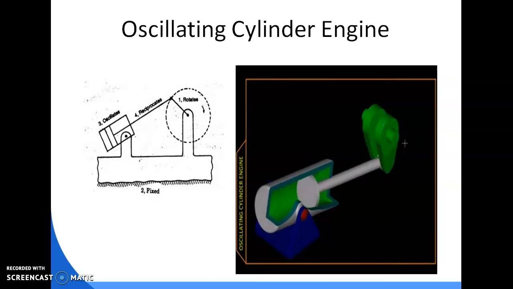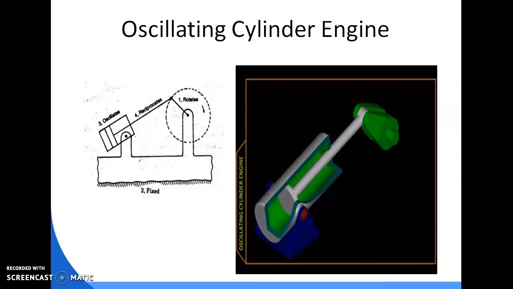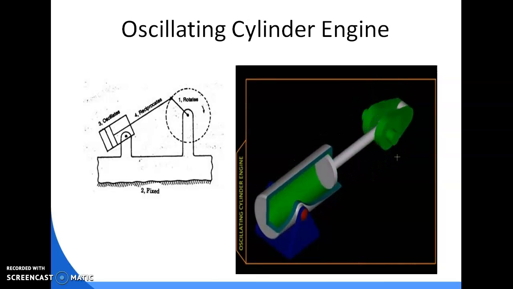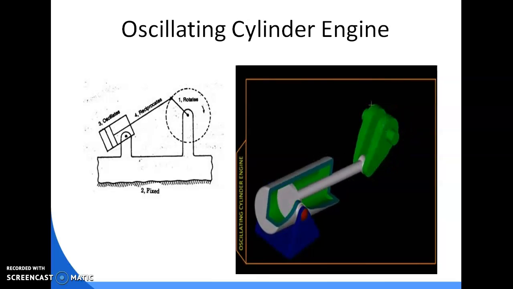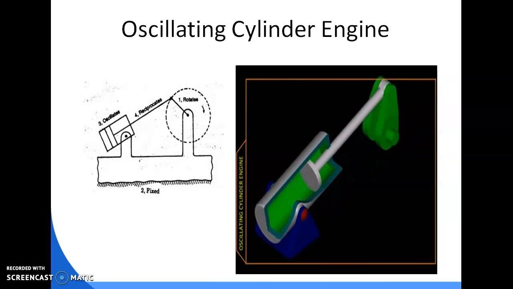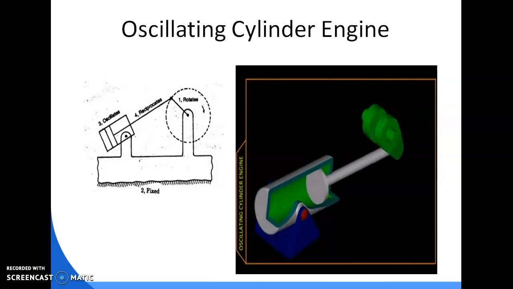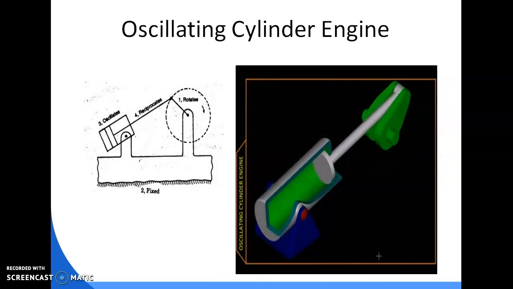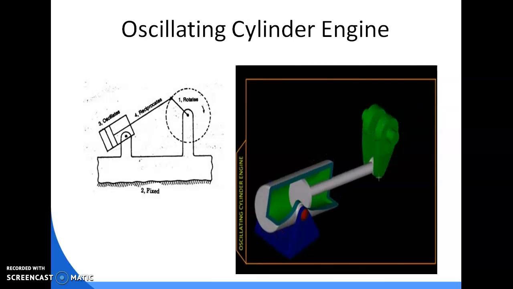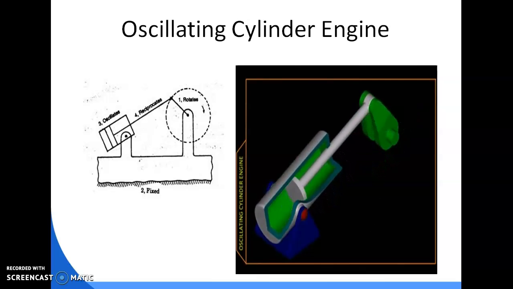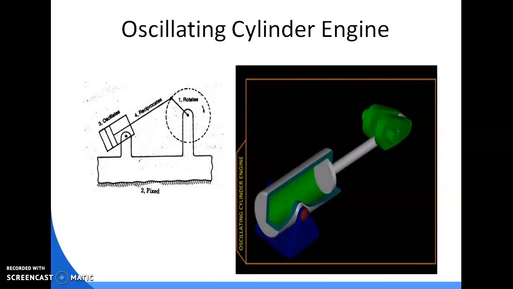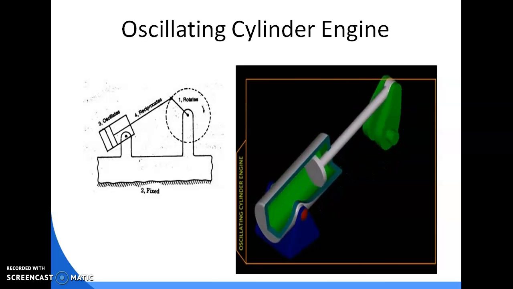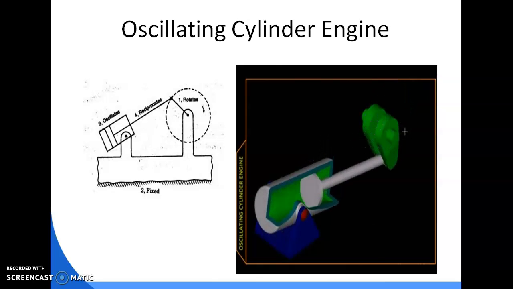This is applicable to convert reciprocating motion into rotary motion. In this mechanism, the link number 3 turning pair is fixed. When the crank rotates, the piston attached to the piston rod reciprocates and the cylinder oscillates about a pin pivoted to the fixed link at A.